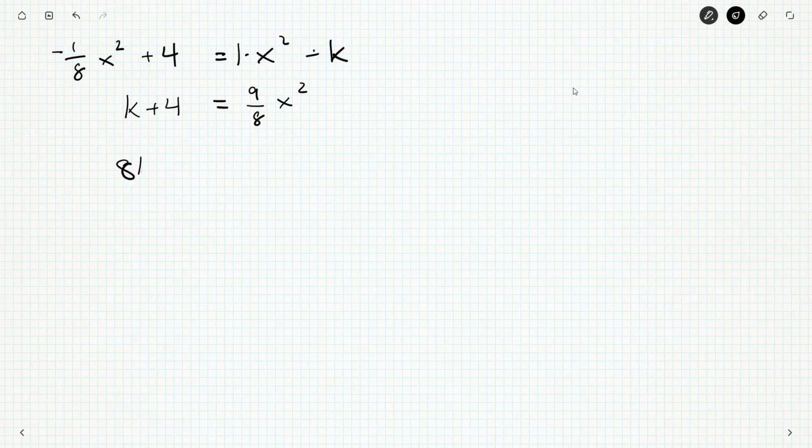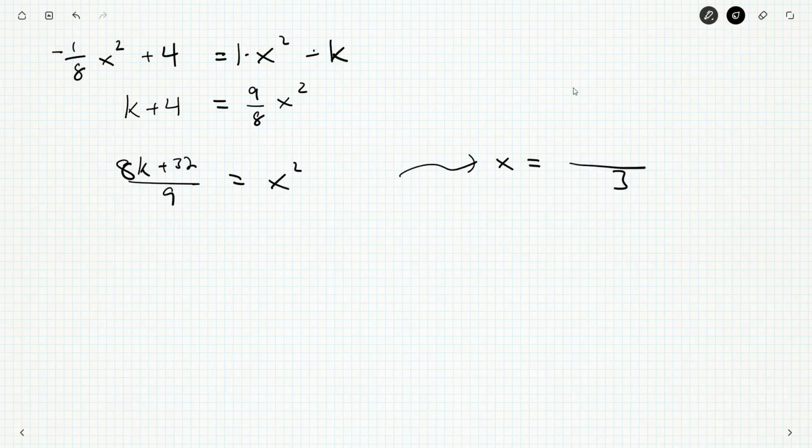All right, so we'll get 8k plus 32 all over 9 is x squared. And now we can square root both sides. So x is going to be 1 over 3, and then plus or minus the square root of 8k plus 32.